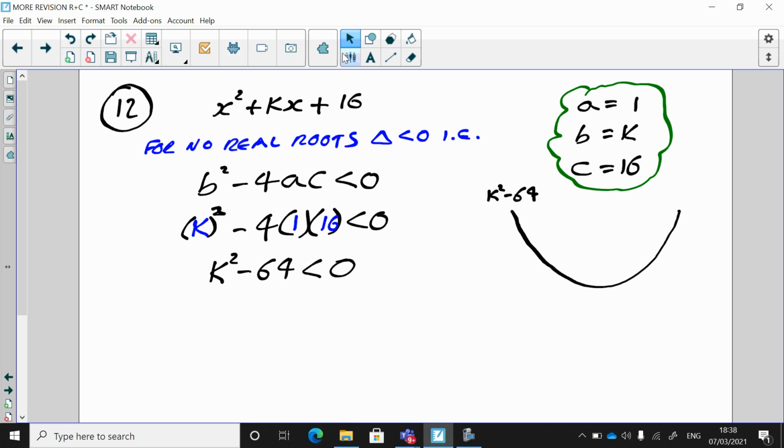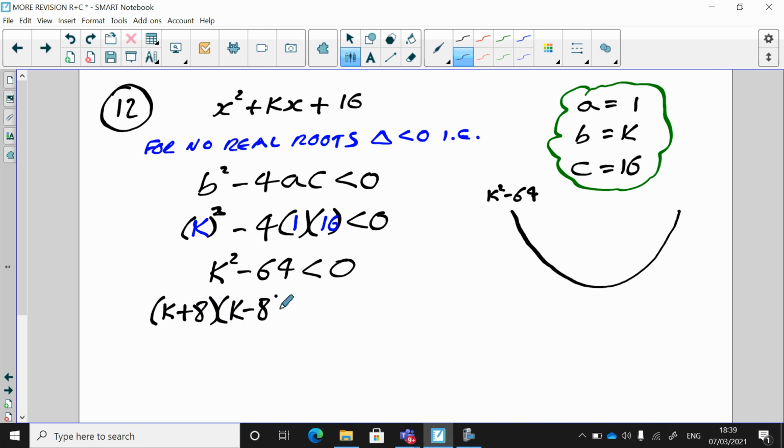Because it's k squared take away 64, I know I can factorise that, so that's what I'm going to do here. That's the difference of two squares, so it's k plus 8 and k minus 8 is less than 0.